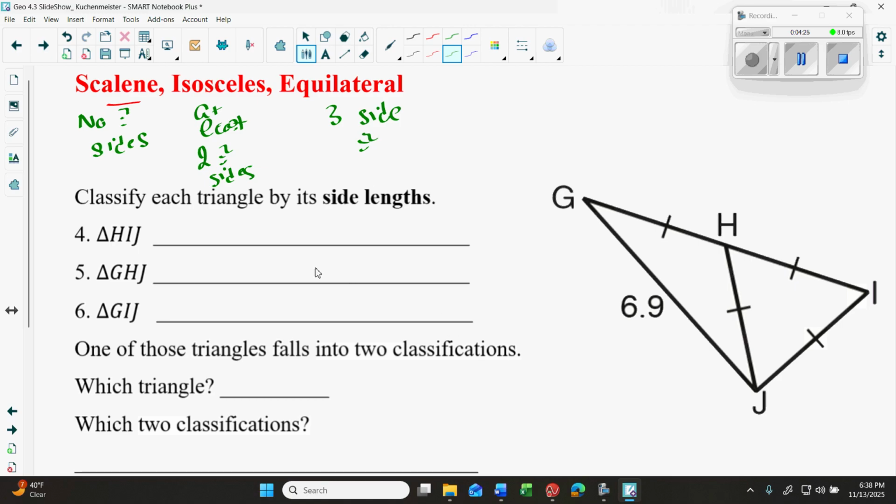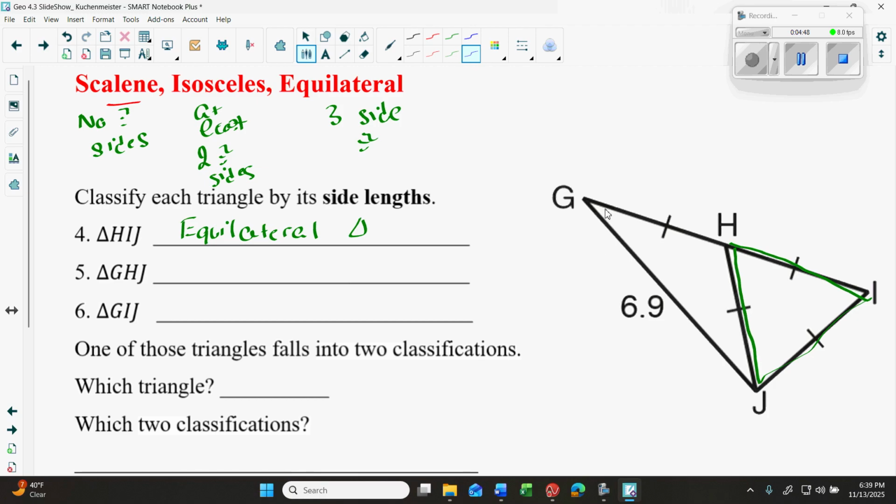I'm looking at triangle HIJ, that is H to I to J. It's a triangle where all three sides are marked congruent with one tick mark, so all of those sides are the same. This is an equilateral triangle.